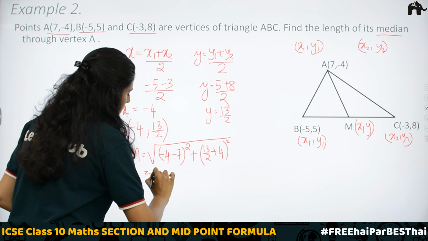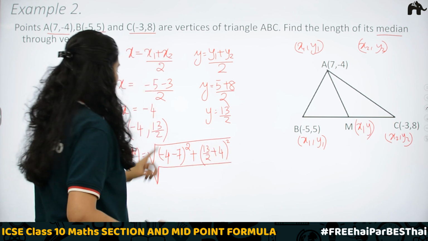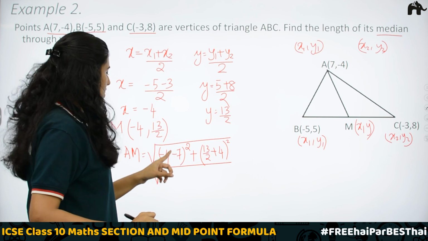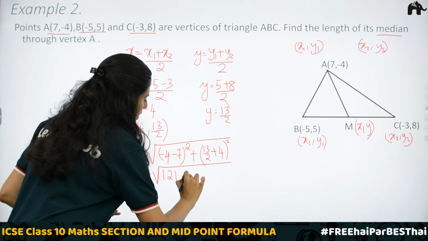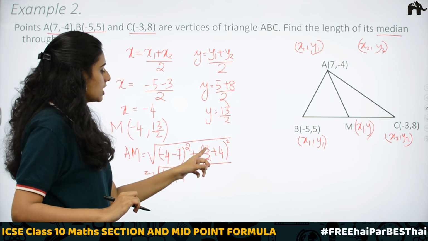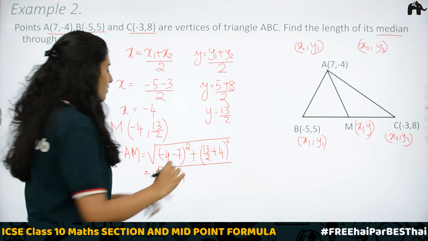That is equal to root of minus 4 minus 7 is minus 11. Minus 11 square 121 plus. We have a fraction 13 by 2 plus 4. We'll solve this.